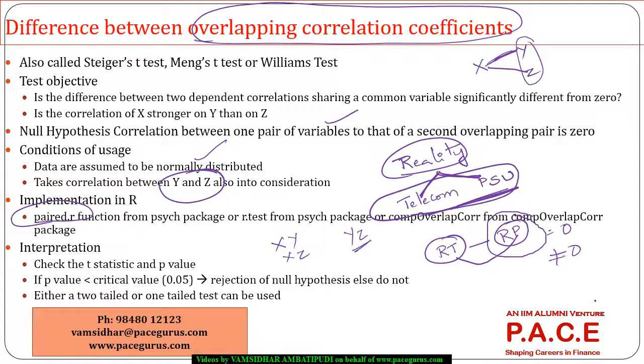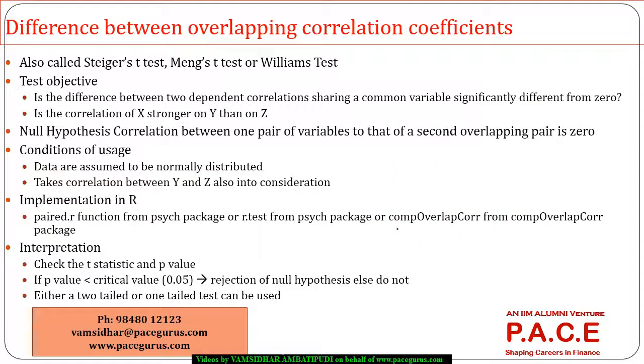But for the same aspect, we have the compare overlap correlation package, right? Comp overlap CORR package, and within that we again have the same function for executing a similar kind of requirement.